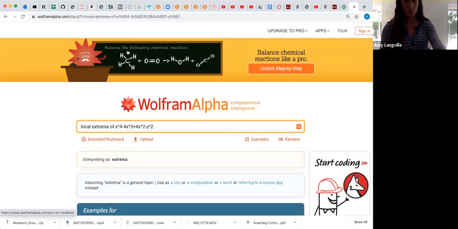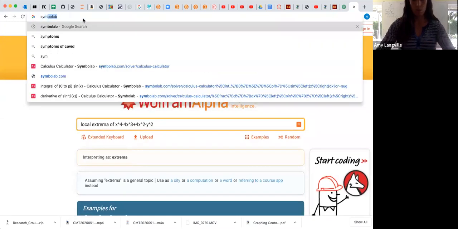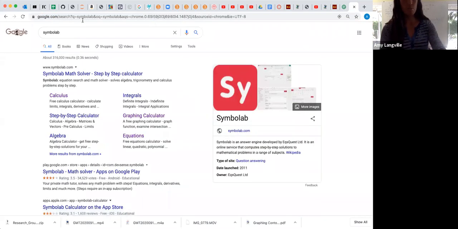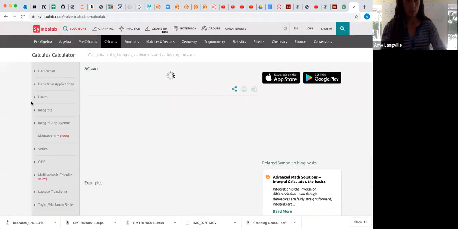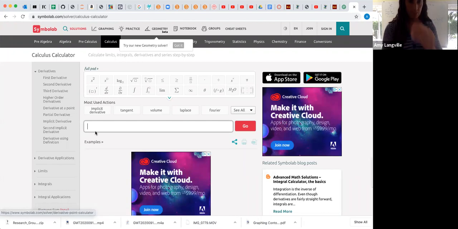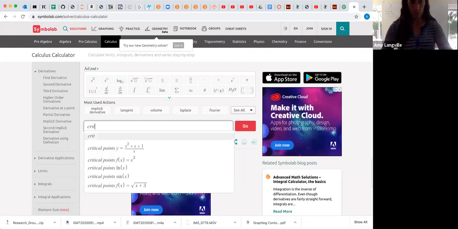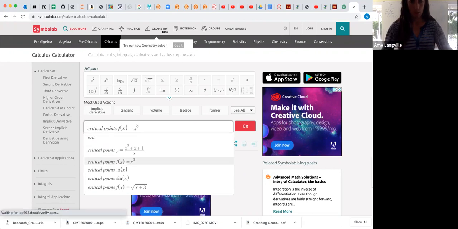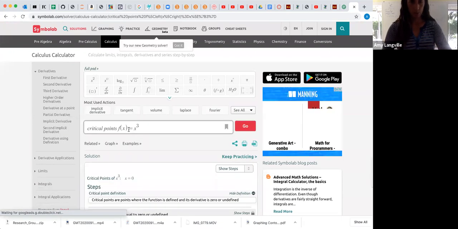And let me show you quickly Symbolab. I think we can type things like critical points. Yeah. And I think we can do higher dimensional functions. So we'll take their example and modify it.